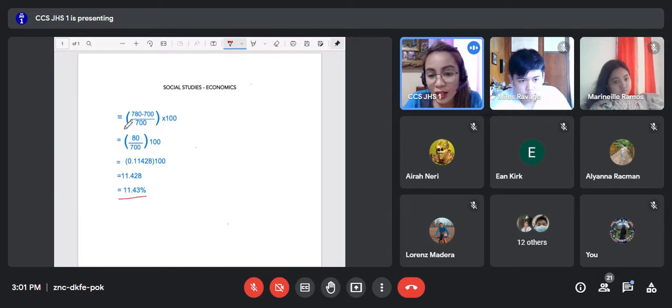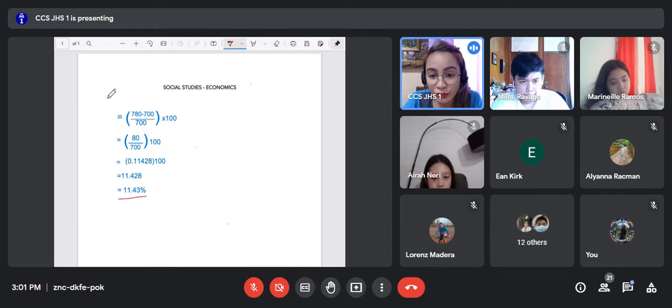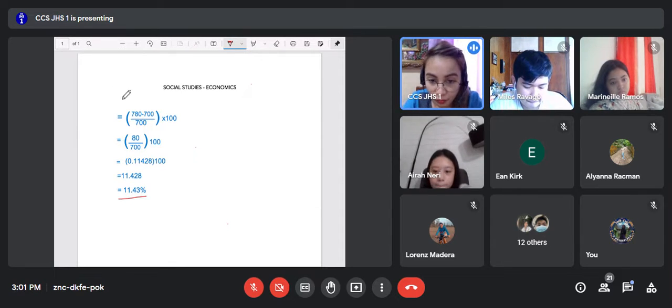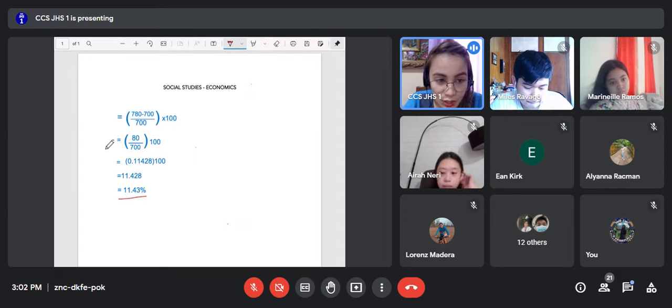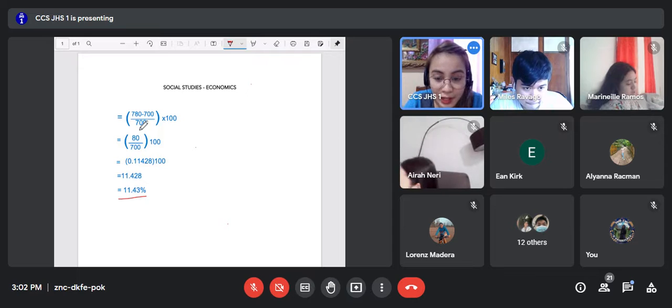Now the thing is, if you are not using a scientific calculator, you will not arrive at this answer. For you to do that, you have to solve the one above first. So you have to get 780 minus 700, which will give you 80, and then divide by 700.